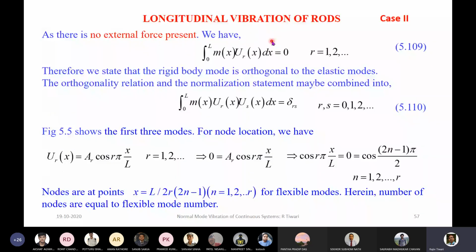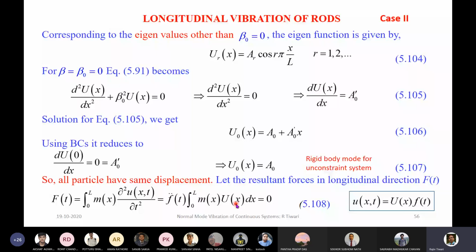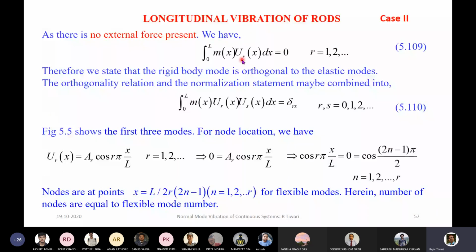This one is the eigenfunction corresponding to any other flexible mode, and the eigenfunction corresponding to the zero natural frequency is a constant. So we can think that there is a constant here multiplied by the eigenfunction at any other mode is equal to 0.